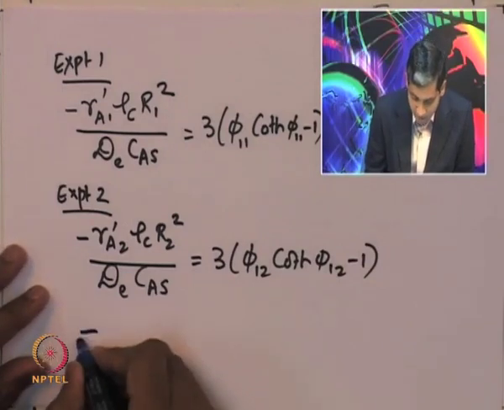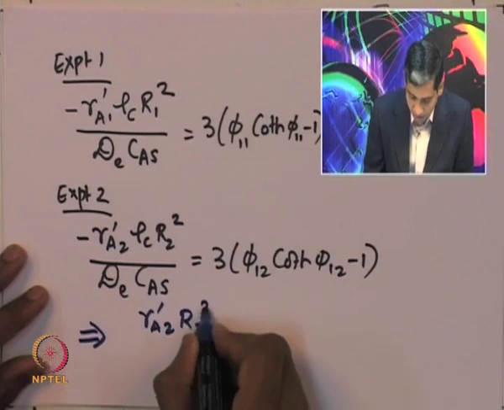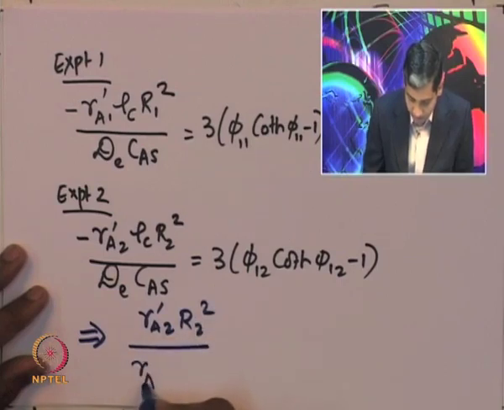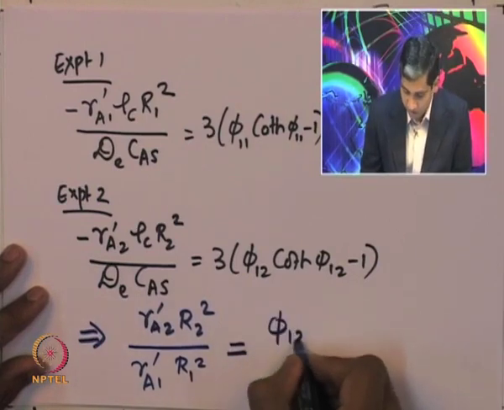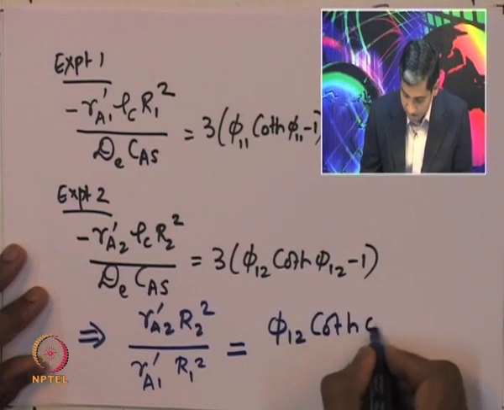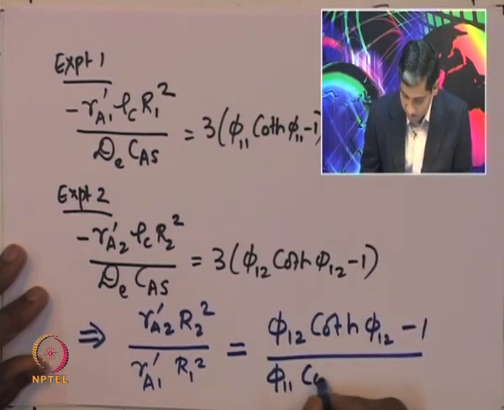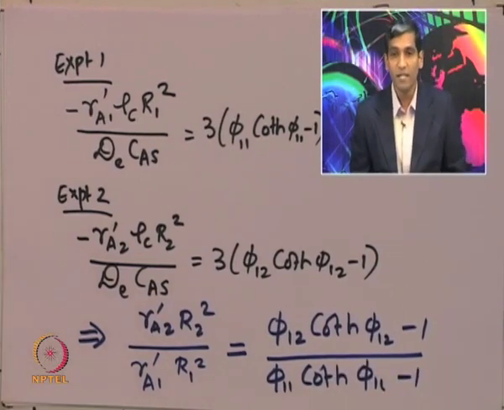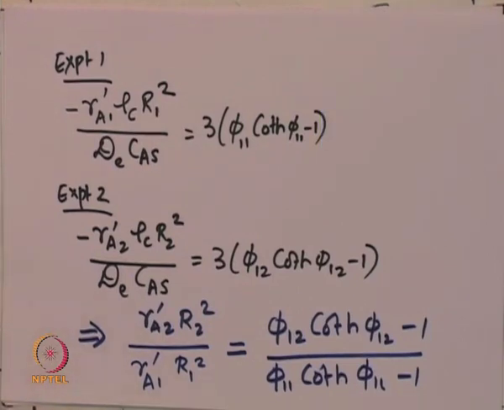So, by taking the ratio, we find that R A 2 into R 2 square divided by R A 1 into R 1 square should be equal to phi 1 2 coth phi 1 2 minus 1 divided by phi 1 1 coth phi 1 1 minus 1. So, this relates the information that has been observed experimentally and the corresponding Thiele moduli.